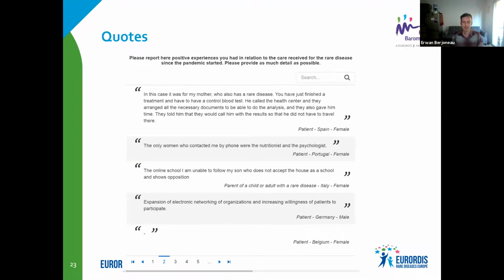And this is only available in English and French, because we had to translate it into our languages, and in Barometer we speak English and French in order to understand them and to analyze them. But of course, if you want to translate it yourself into your language, you can do that once you receive it.